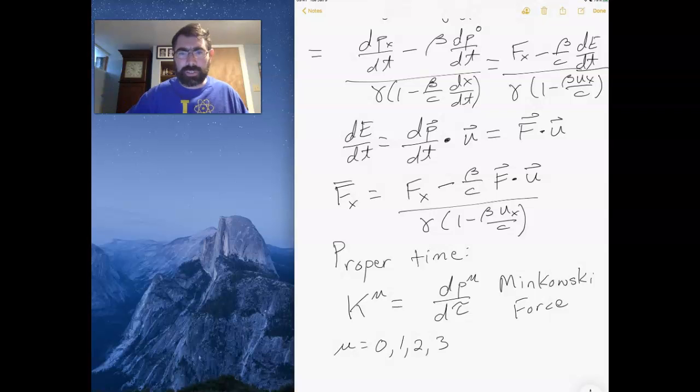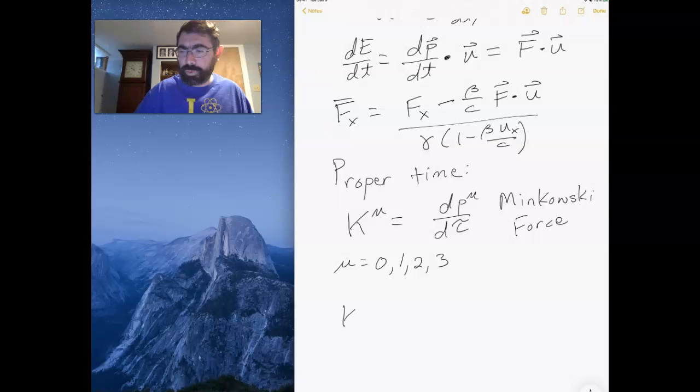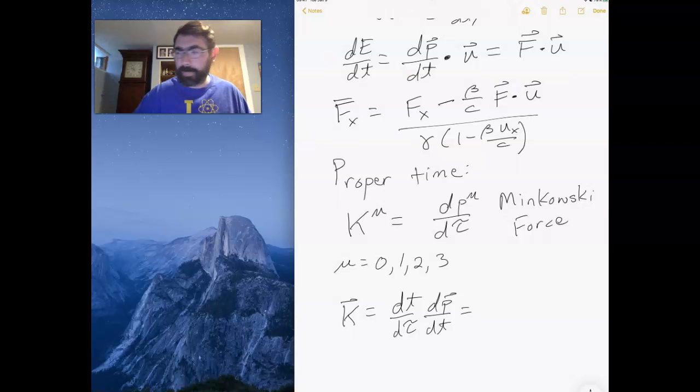And if I take a look at this now, what I see is that this force in the 3-momentum, x, y, and z, would be the time conversion, gamma times the force in ordinary time.